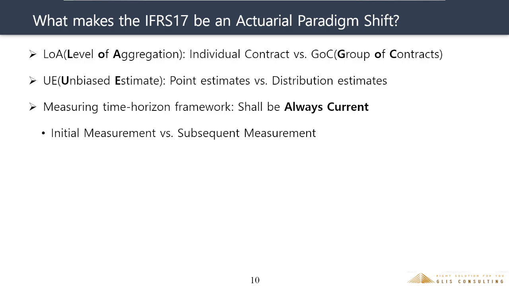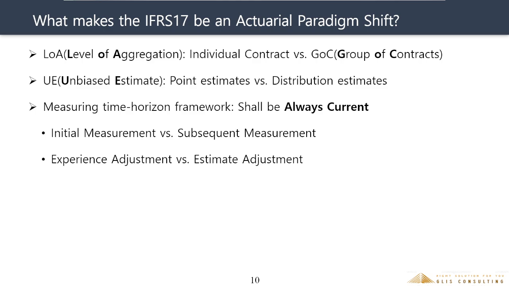That's why IFRS 17 measurement is composed of two different parts: measurement on initial recognition and subsequent measurement, because all the assumptions and parameters could change. And also you have to look back at the difference between your estimate and the actual value.